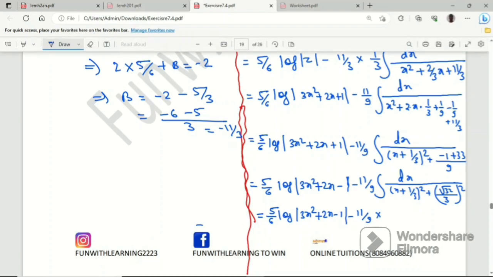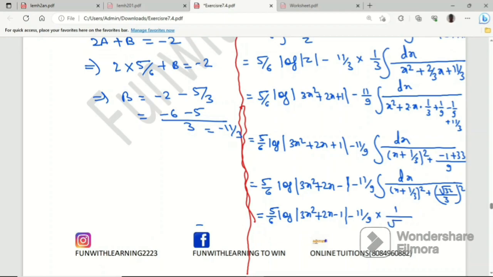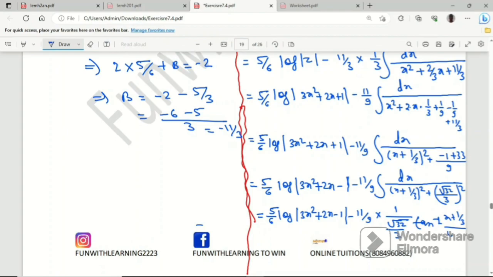So integration of x square plus a square is 1 upon a. So it is 1 upon under root 32 by 3 into tan inverse x plus 1 upon 3 by a, where a is under root 32 upon 3. So we can check our answer.